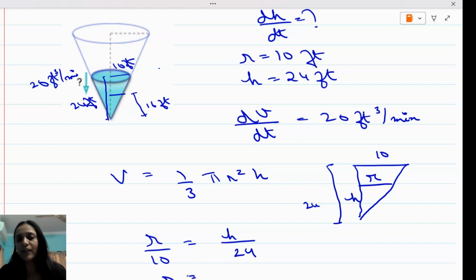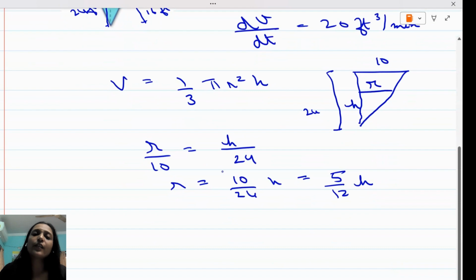So with this we get a relationship that r is equal to 10 by 24 h, or I can write this as 5 by 12 h.